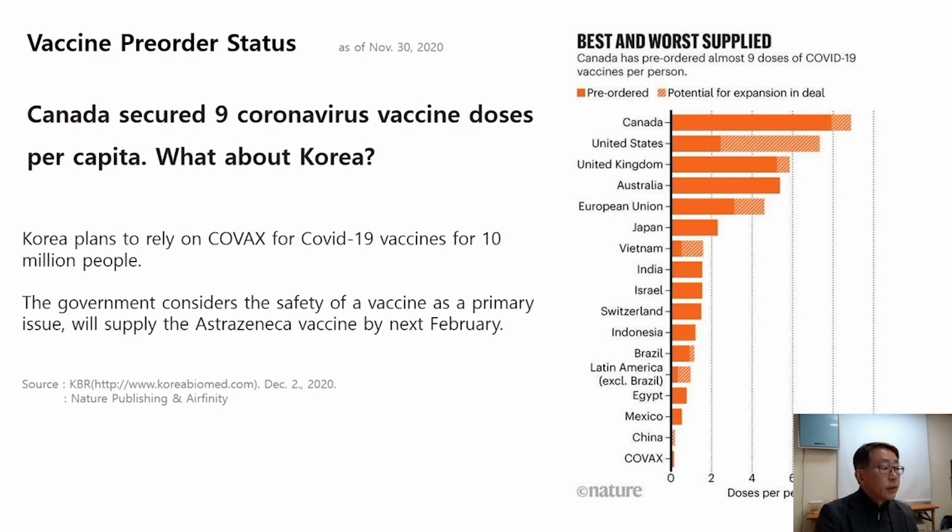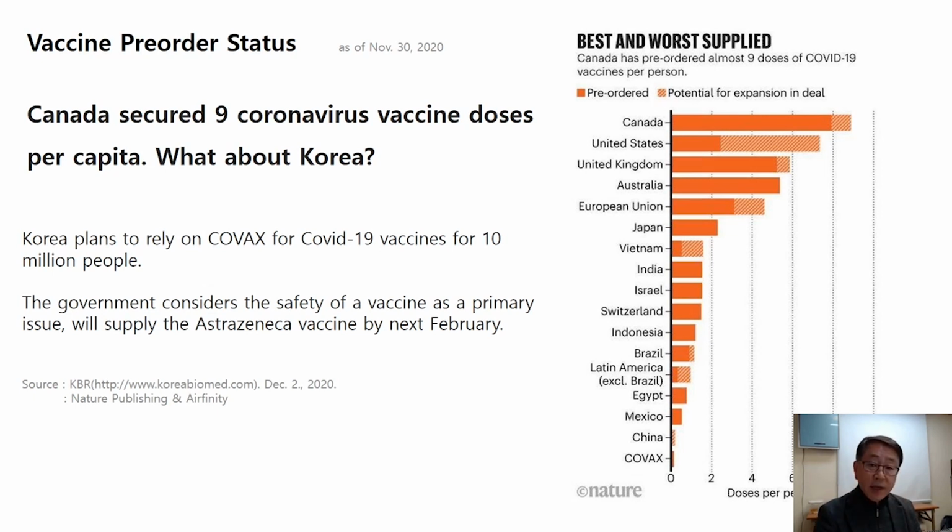And in Korea, the government initially planned to rely on the COVAX program, which is an international vaccine development program, for 10 million Korean people. But the COVAX vaccine is not ready yet.